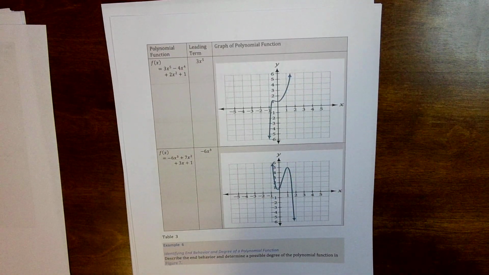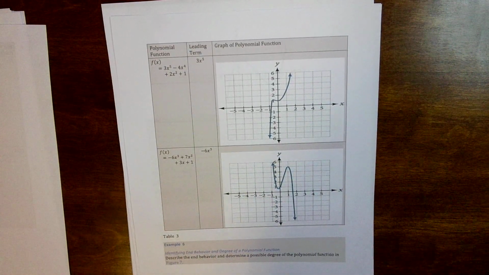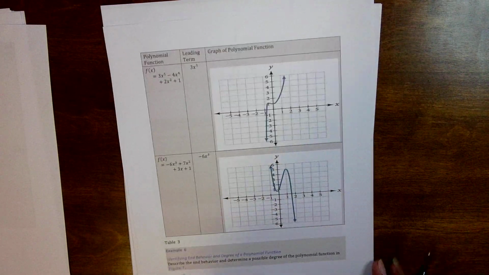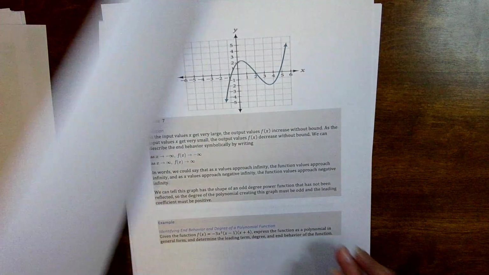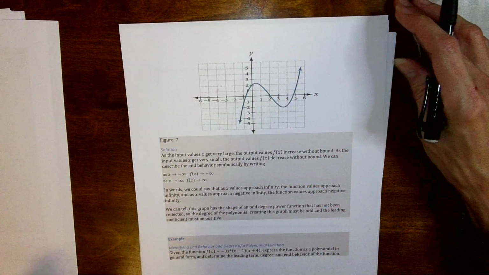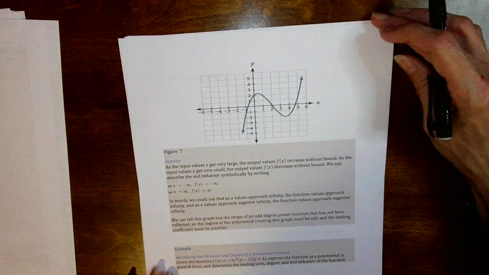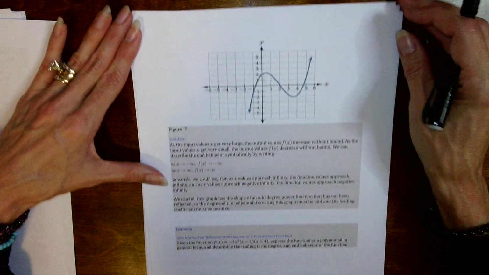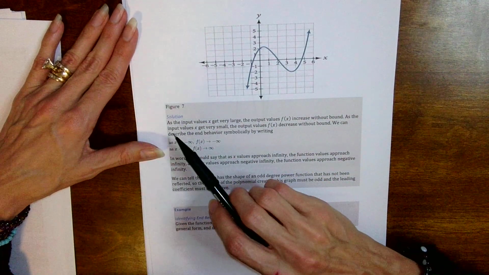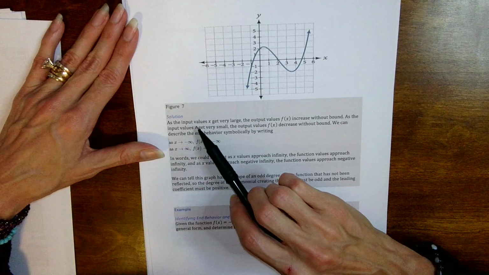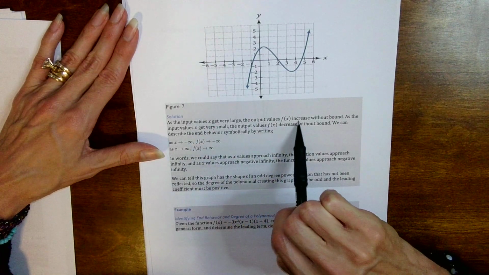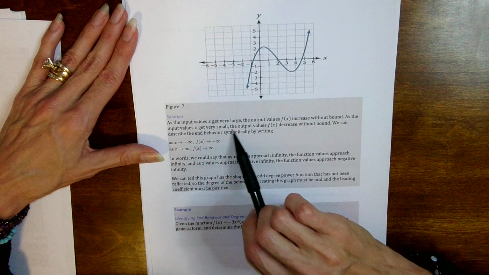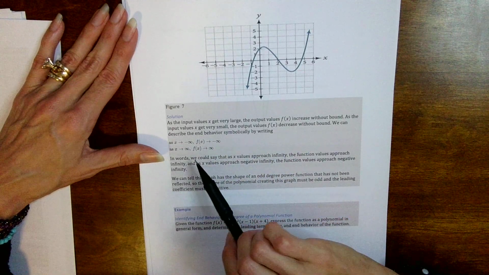So describe the end behavior and determine a possible degree for the polynomial function in figure 7. Here's figure 7. As the input values get very large, the outputs increase without bound, and as they get very small, they decrease without bound.